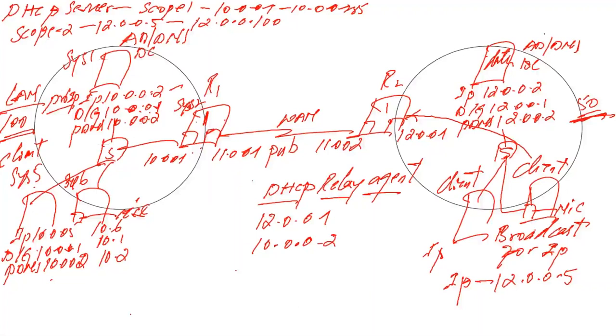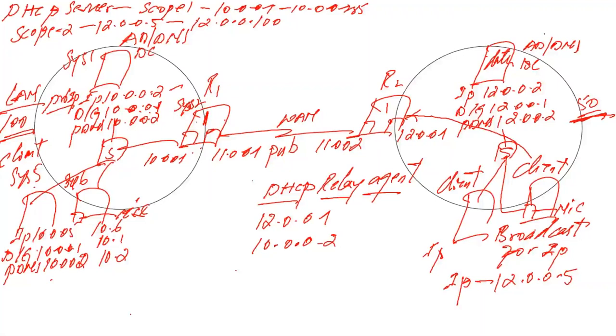Okay, so please write down our lab steps. In system 1, 10.2 computer, install the DHCP service. Already we know how to install this service and how to promote also this one. Install the DHCP service.